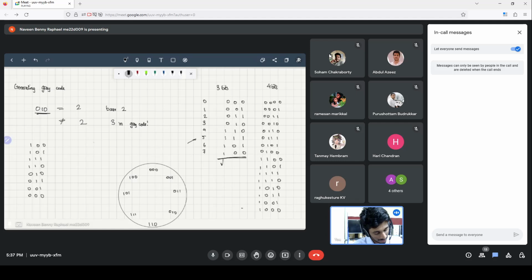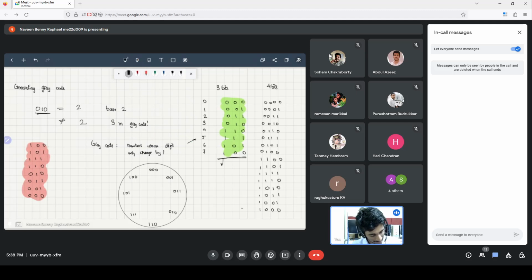That is, if gray code is a set of numbers whose digits only change by 1, then this is a gray code, and this is also a gray code, because only one bit is changing at every instant.